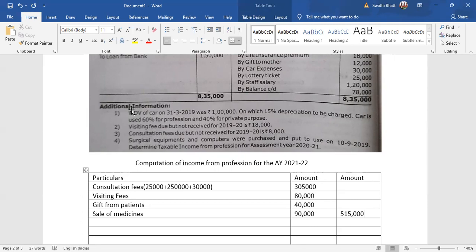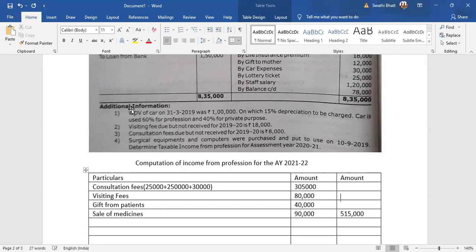So we will record the items only if we have received it in cash. That's the reason we will not be recording the visiting fees and the consultation fees. Those 2 points will not be recorded.